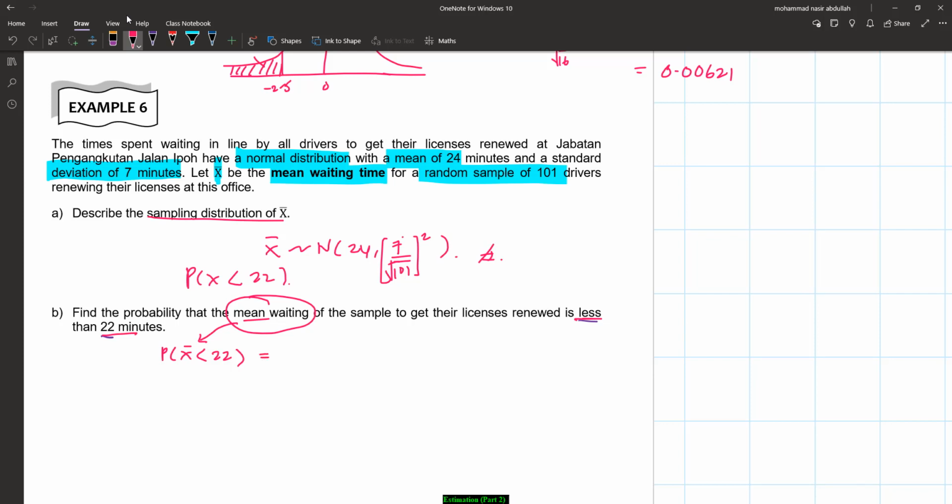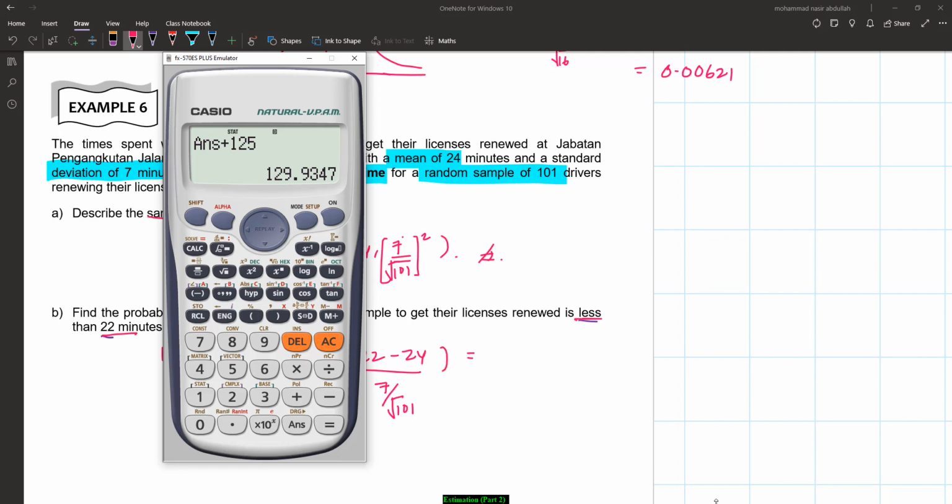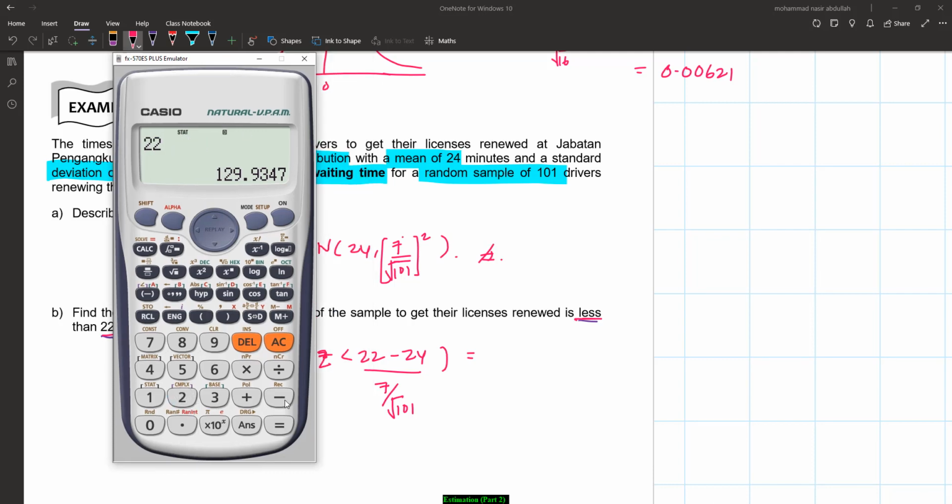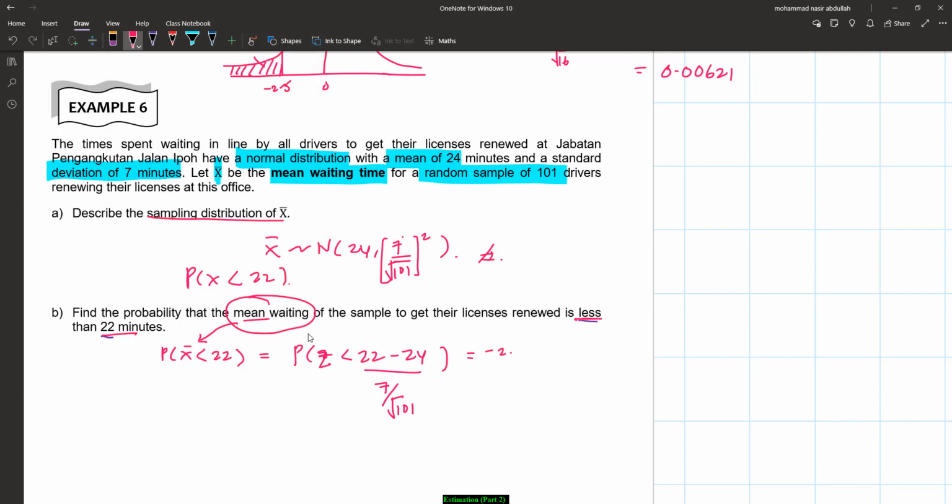So the probability of x bar less than 22, we need to convert to the z distribution. 22 minus 24 divided by 7 over the square root of 101. So 22 minus 24 is negative 2, divided by 7 over the square root of 101, which gives negative 2.87.